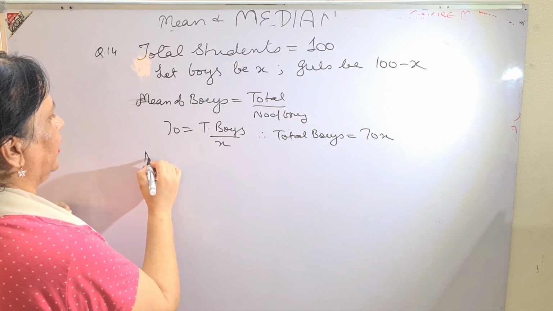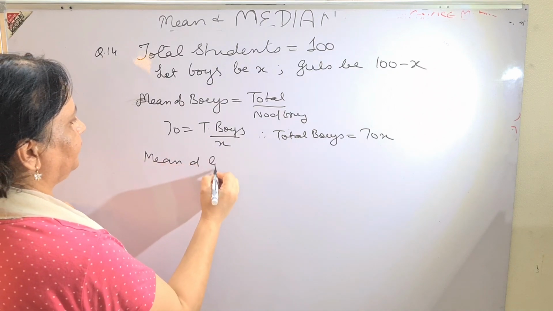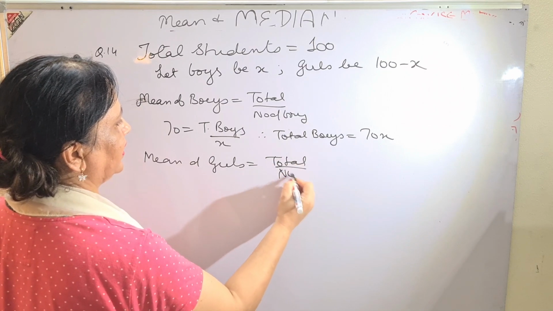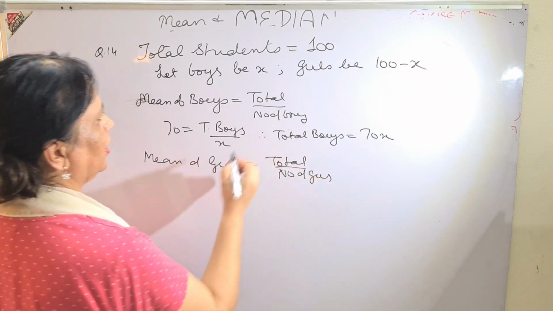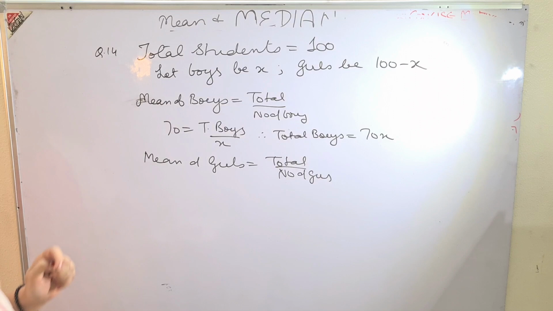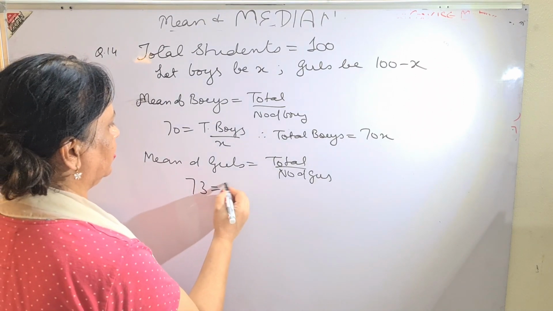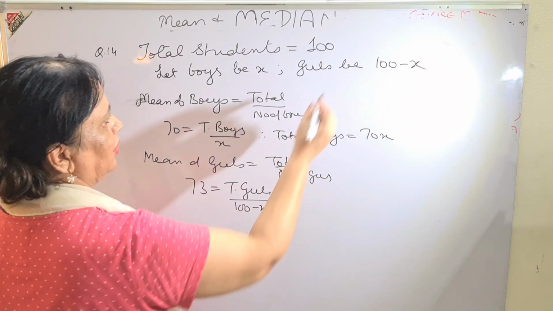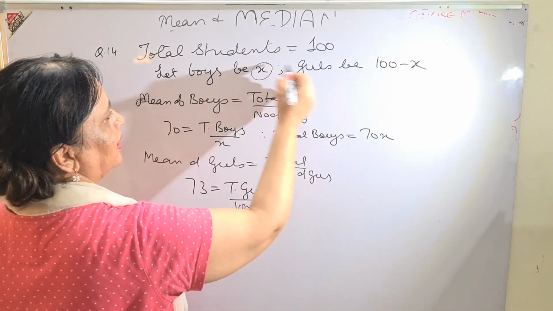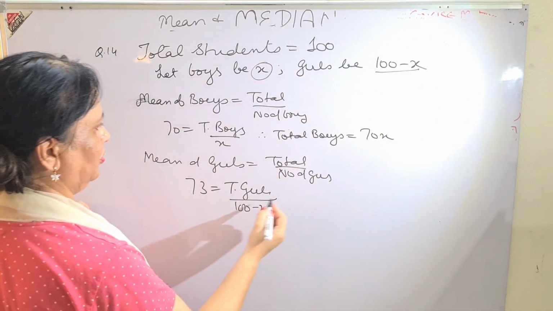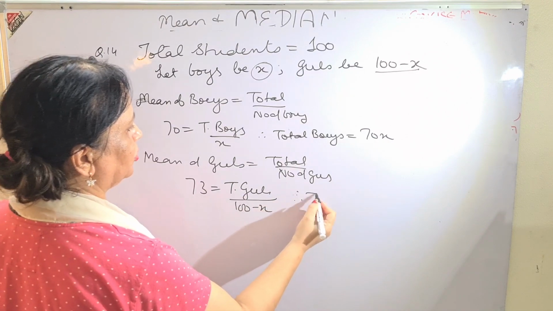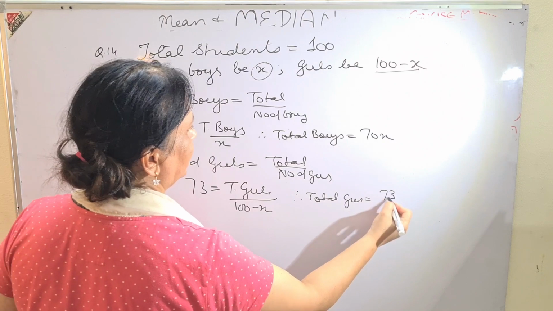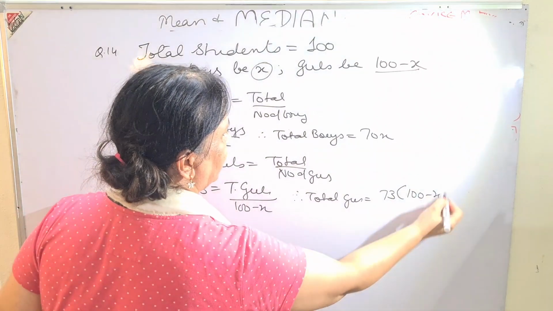Similarly, mean of girls is equal to total over number of girls. The mean of girls is given to be 73, so 73 is equal to total girls over 100 minus X. Because if boys were X, girls were 100 minus X. Again you got the total girls to be 73 into (100 minus X).